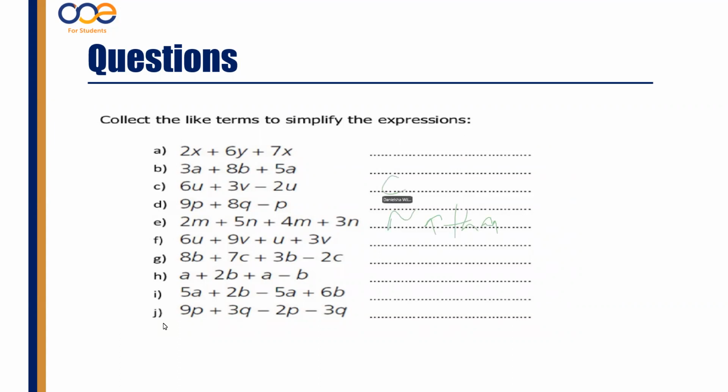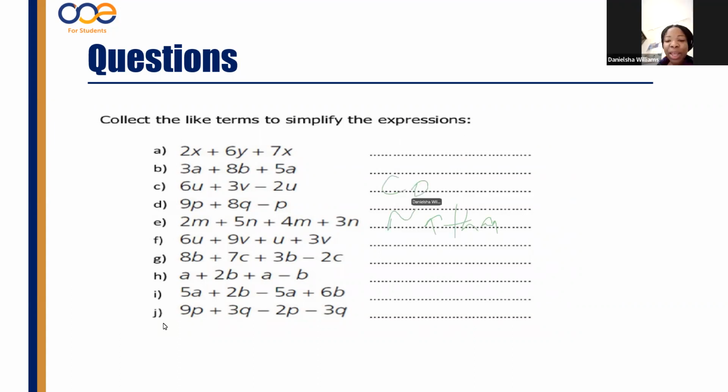Oh yeah, C is for Courtney. My writing is not going so well with my phone right now. And then Stevanko, I'm going to ask you to do H. So C, E, and H.